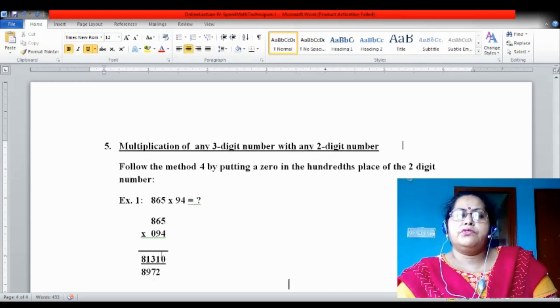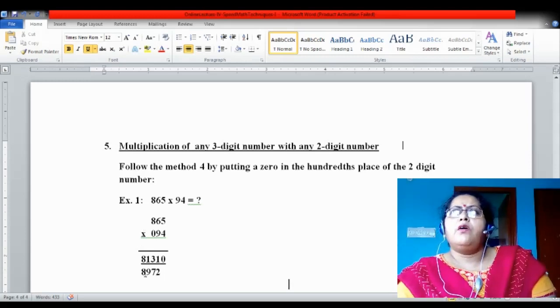Now the 4th step, 9 8s are 72 and this is a 0, so 72 and 9 makes 81. Now normally what we would have done in the 3-digit with 3-digit multiplication, you keep here 1 and put this 8 down.